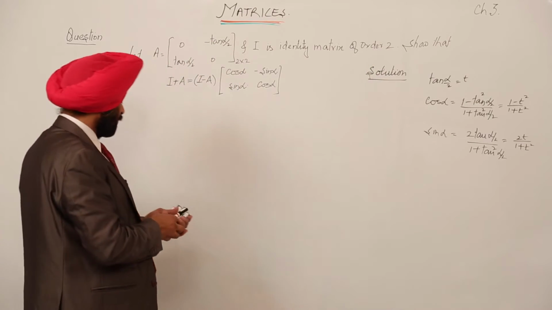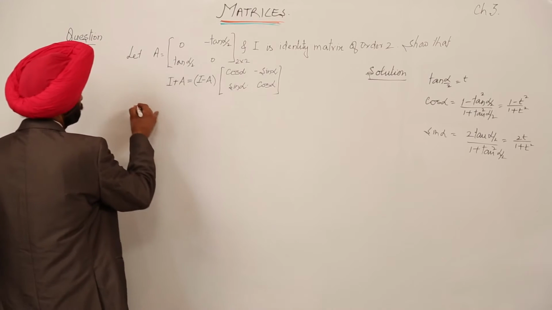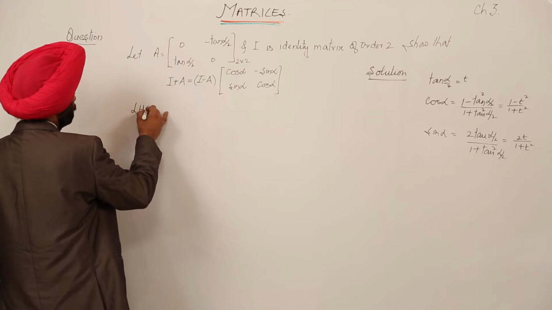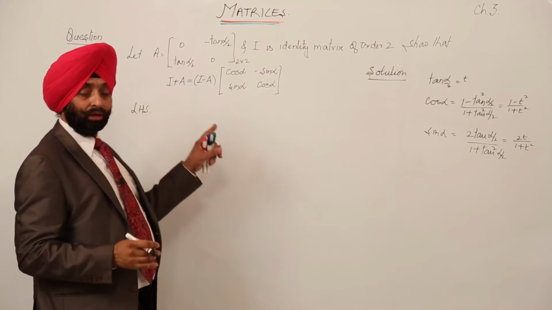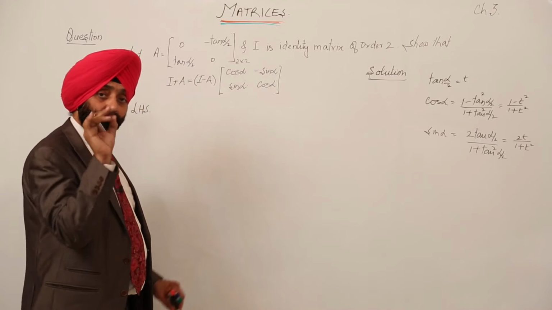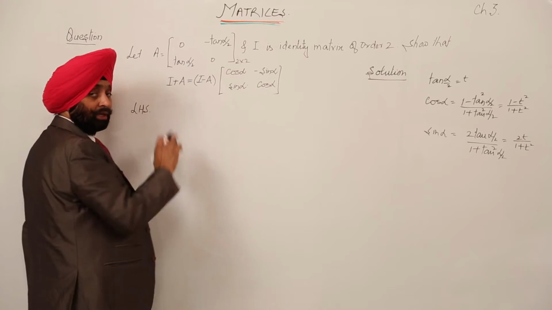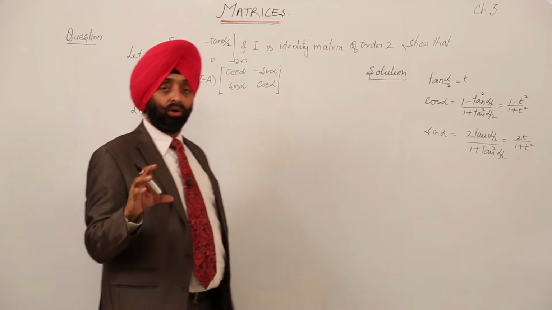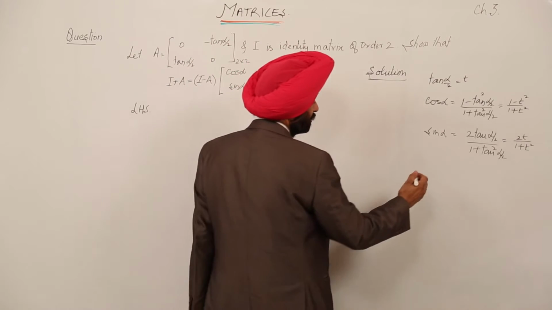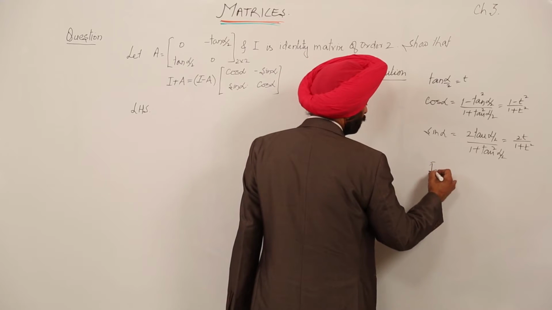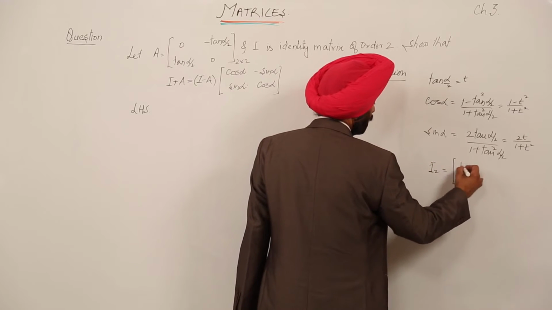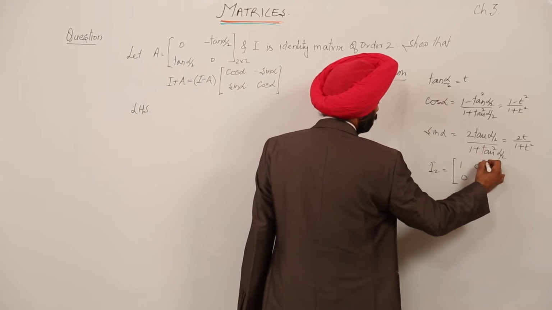Now left hand side. Here it is given I, sometimes it is written I2, with 2 in the base, that shows identity matrix for order 2. Now I2 is equal to 1 0 0 1.